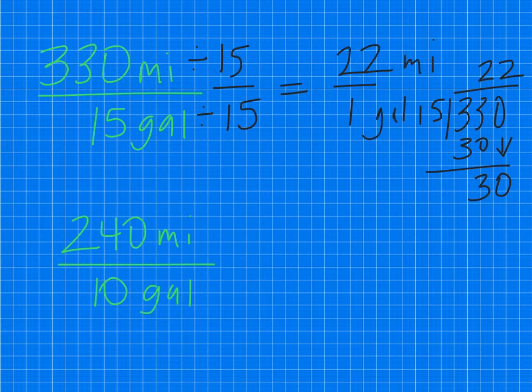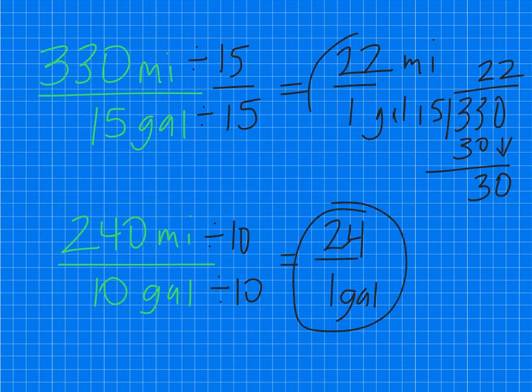Let's check on Mom's. Here we're going to divide by 10 to get 1 in the denominator, which is the gallons, and 240 divided by 10 is 24. So who gets better mileage, or who can go farther on a gallon of gas? My mom.